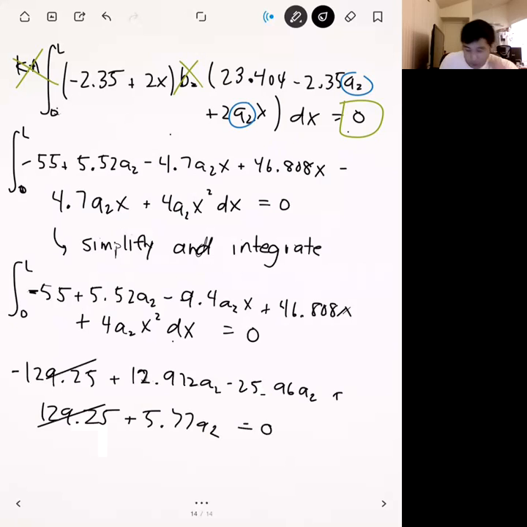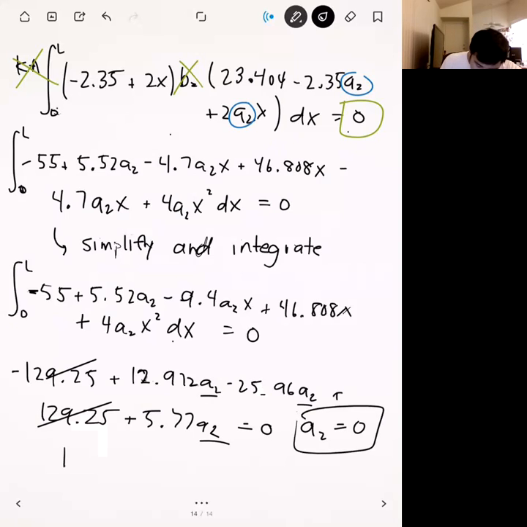Okay, we see that these two constant terms cancel out, right? And then everything else has an A2 in it, right? And so all these terms are going to basically combine into one term. And so the only way you can satisfy that equation is if A2 is equal to 0, okay?